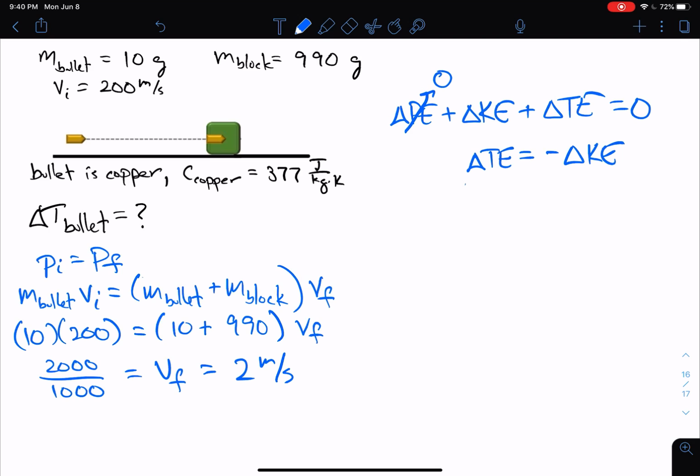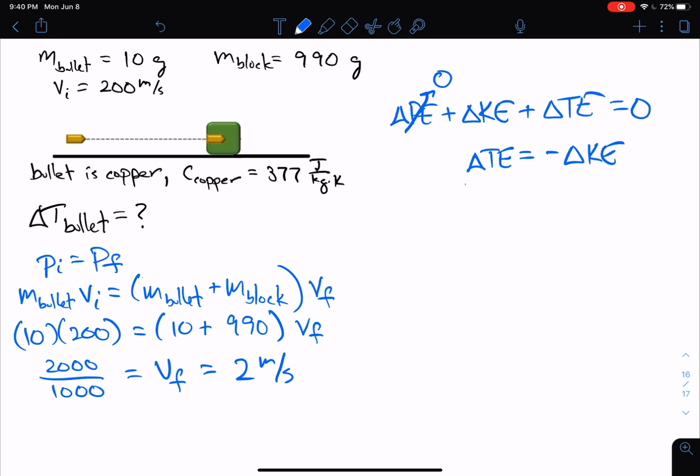Well, the change in thermal energy, let me rephrase that. The thermal energy generated is going into heating up the bullet, so I already know how to calculate that.